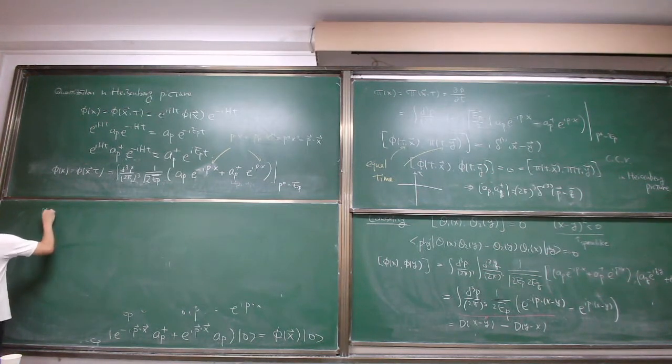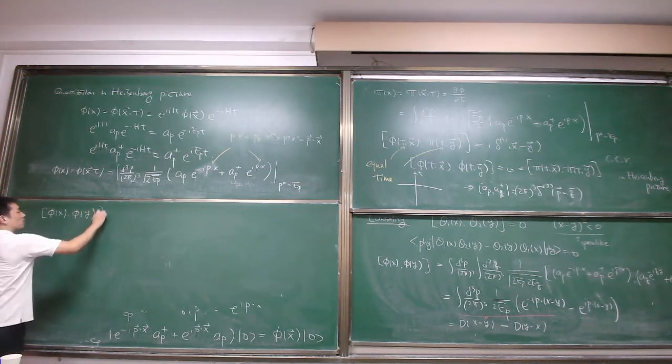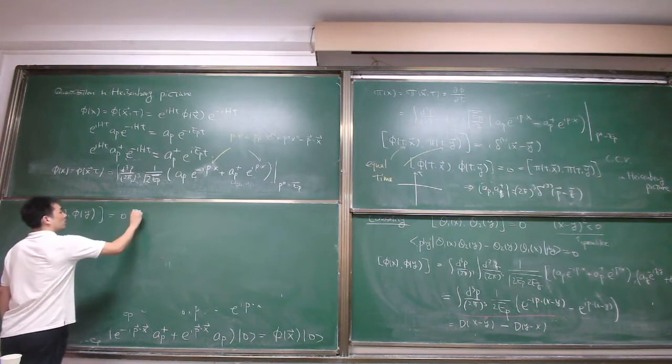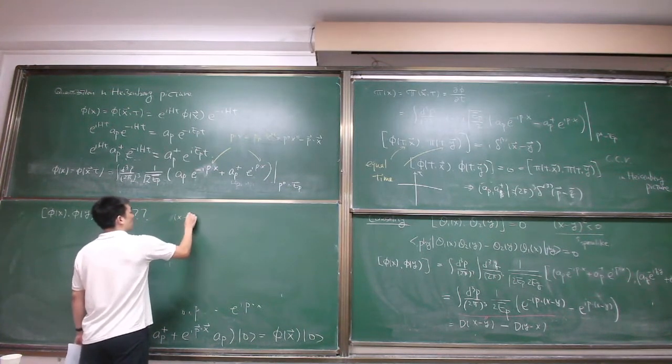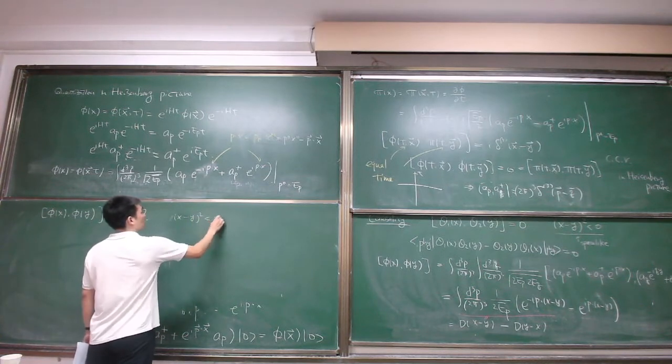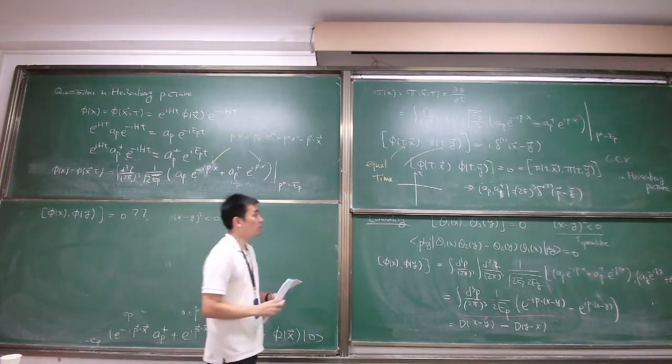So what we want to show is that the commutator is 0 for spacelike separation, like this. That's what we want to show.